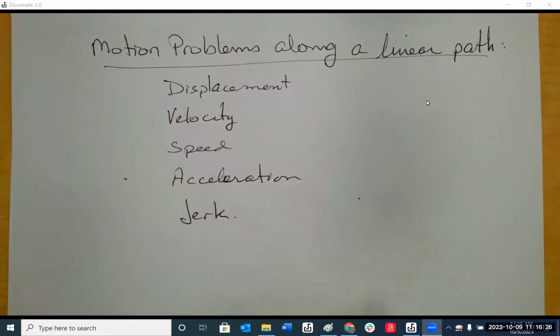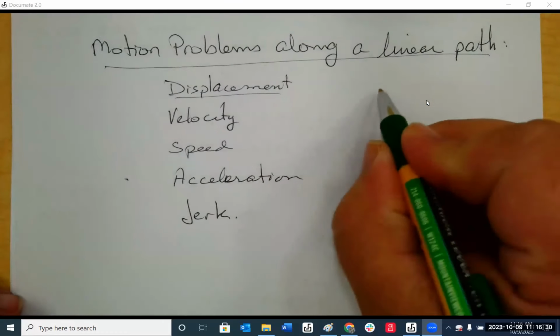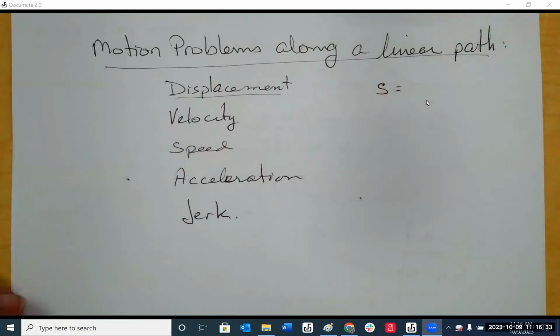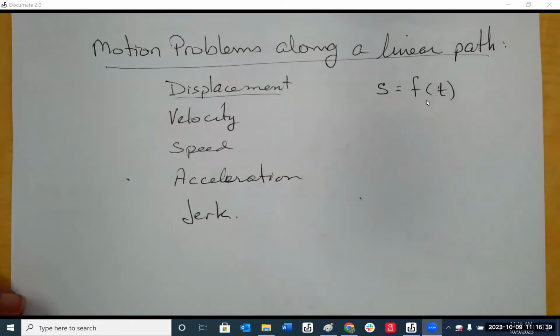So displacement is simply a changing of positions. We use S to describe our displacement, and S is a function with respect to time.